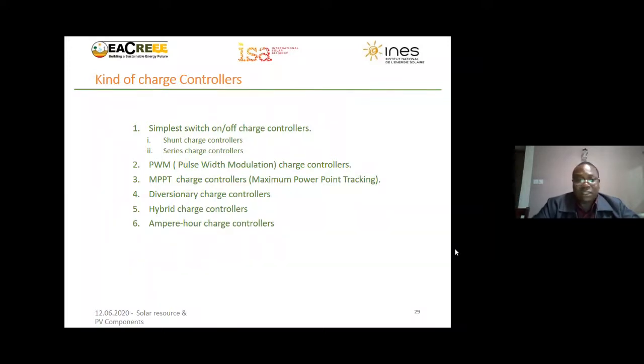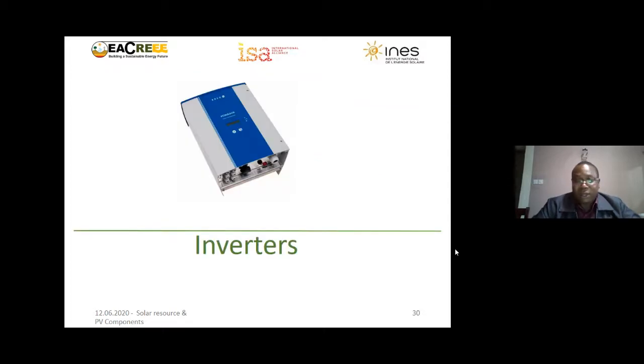Then we have what we call diversionary charge controllers, where when your system is full, part of the power is diverted, sometimes sent to a heatsink, or dispatched to a different source. We have hybrid charge controllers that also work from multiple charging sources, which can be solar PV, biogas genset, and generators, with the main grid interacting within those interfaces. Then ampere hour, which also looks at the charging current. So quickly, we'll also look at the inverters, which are a very important component when we look at solar PV.